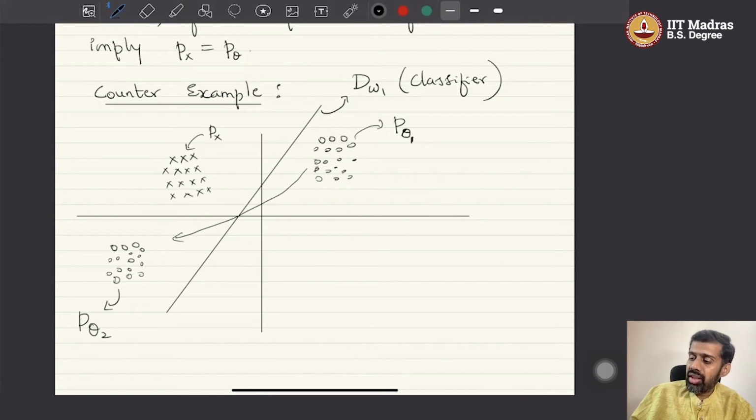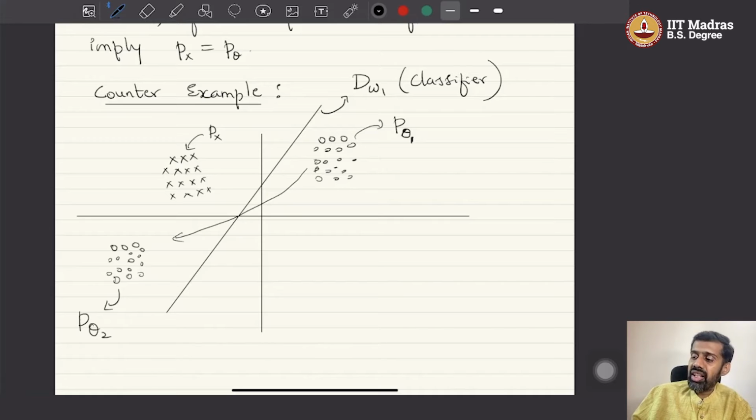So note that the way this binary classifier is working is all the samples that are to the left or above this particular line, specified by this classifier, belong to one class, and everything that is below this line or to the right of this line belongs to the other class, because it's a binary classifier.